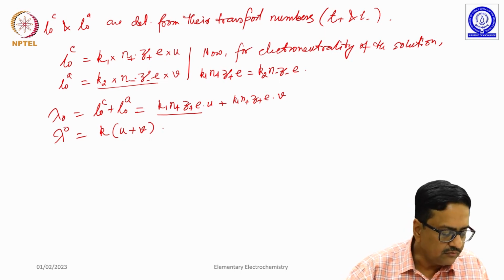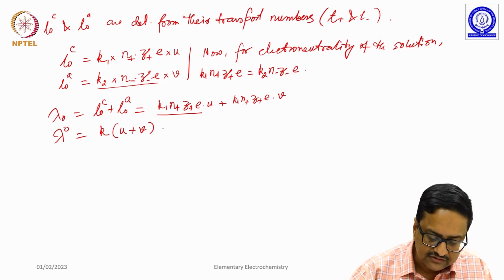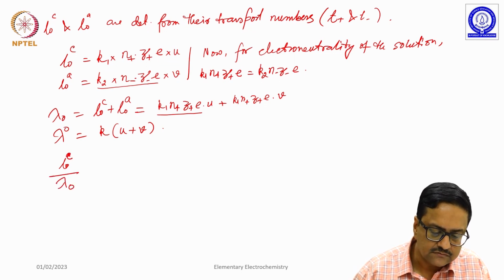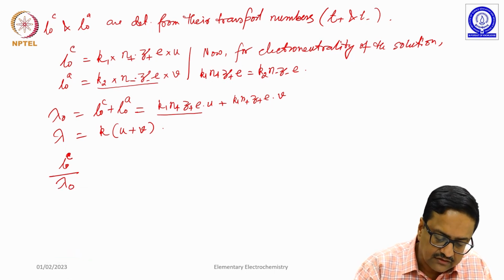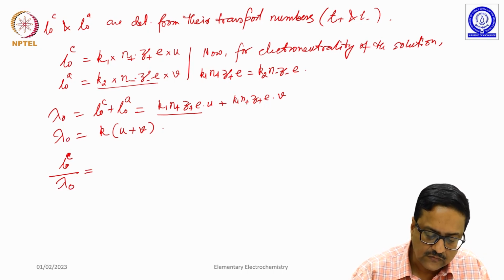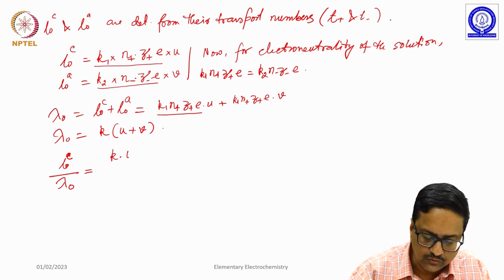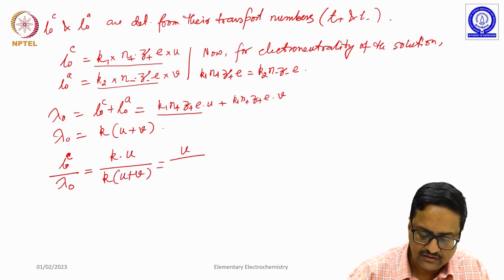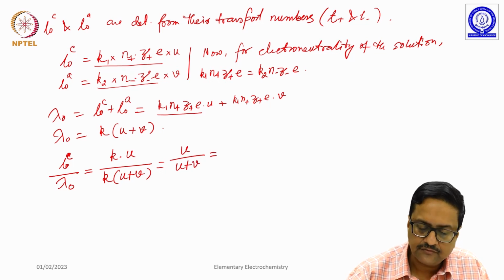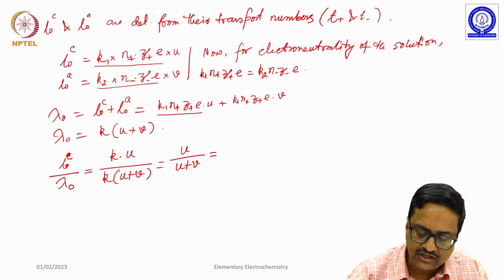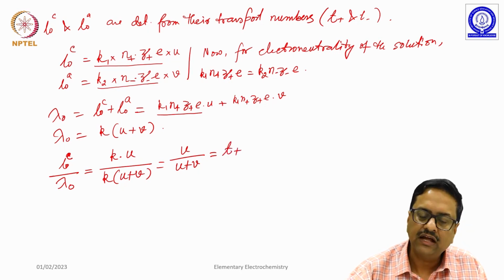So now if I try to do a simple math, that is the ratio of L0 cation by lambda 0, I think we should write lambda 0 as subscript 0, equal to lambda 0 cation is this quantity, which is K into U divided by K into U plus V, which is equal to U by U plus V. And from our earlier knowledge of transport number, U by U plus V is nothing but the transport number of cation.